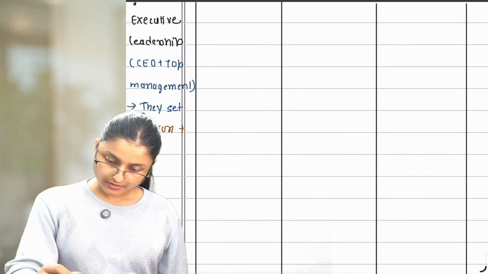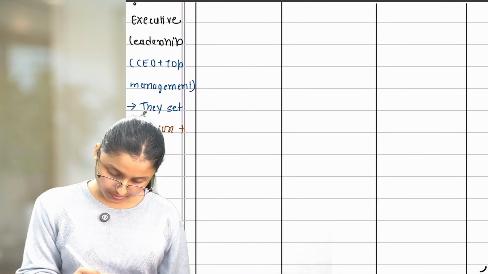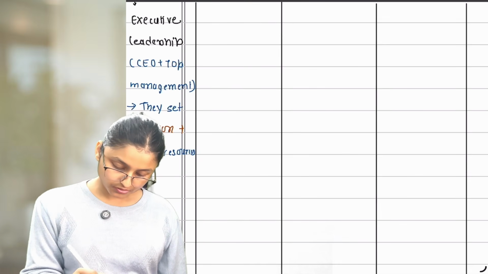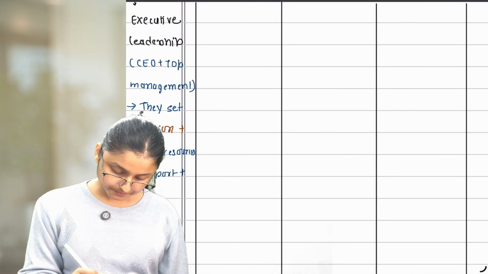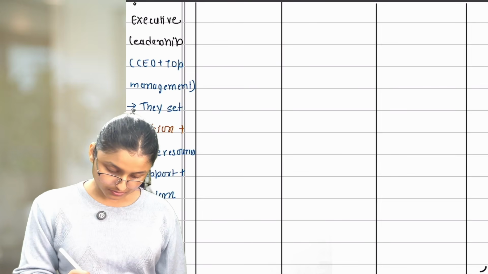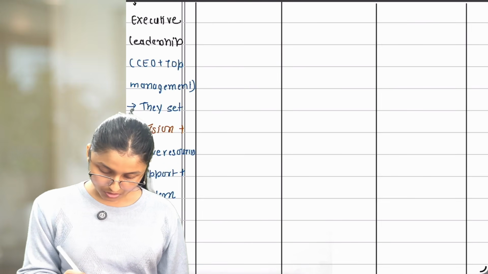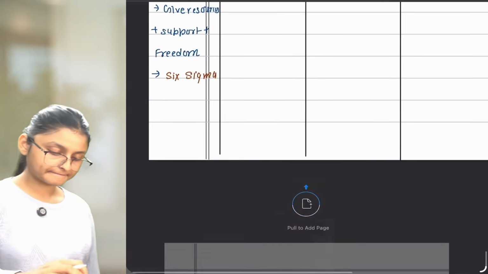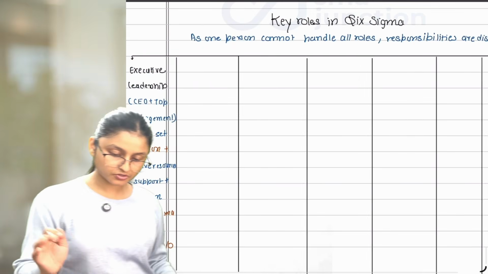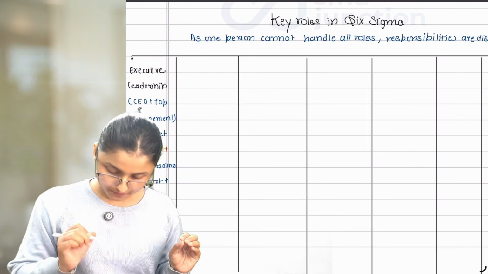Plus, they are the ones who are going to give us resources, support and freedom. And Six Sigma cannot work or cannot succeed without them. This is the top management or the executive leader. They are the ones who set the vision.